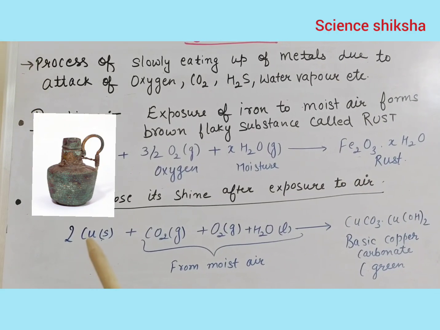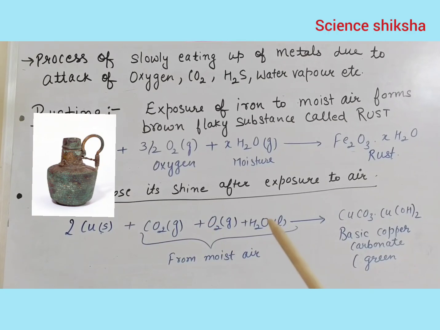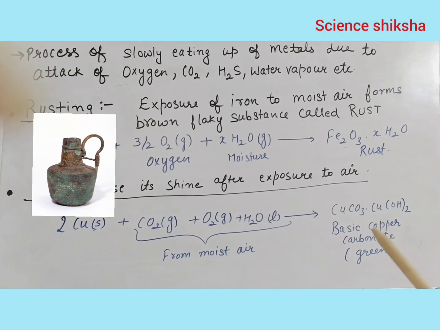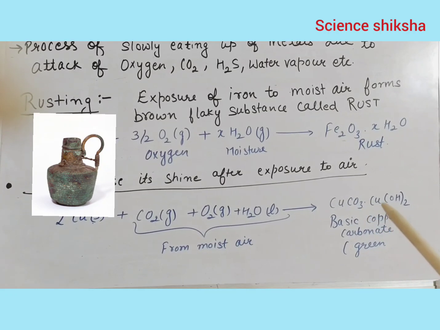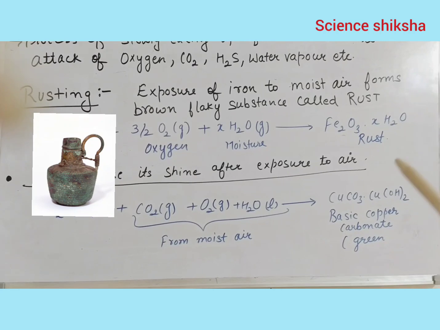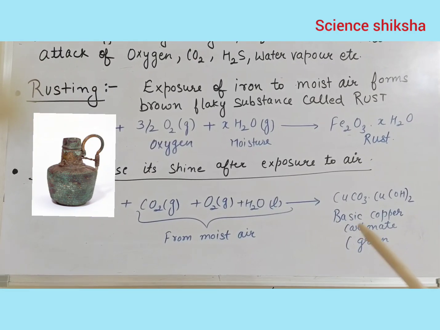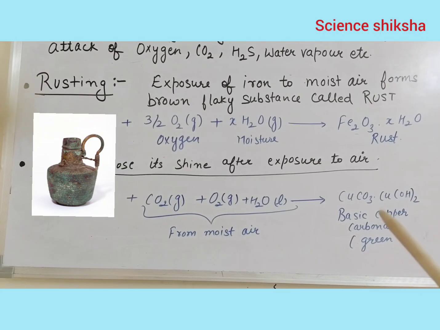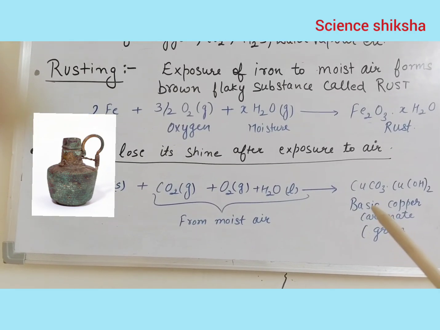So it is the reaction: copper plus carbon dioxide, oxygen and water from the moist air forms basic copper carbonate, that is CuCO3.Cu(OH)2. This green color coating of the copper is a sticky substance that doesn't shed away, but it can be removed by different methods.